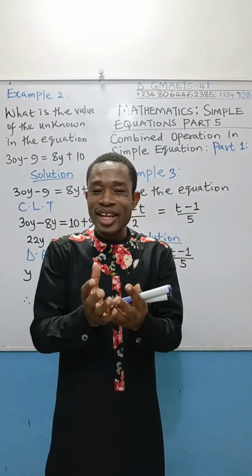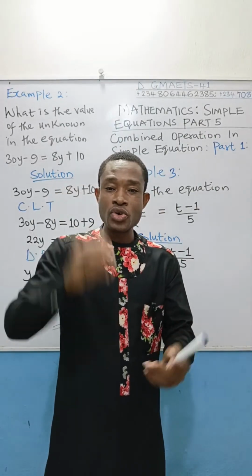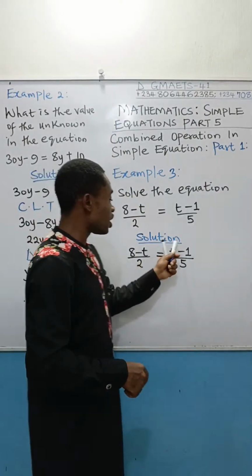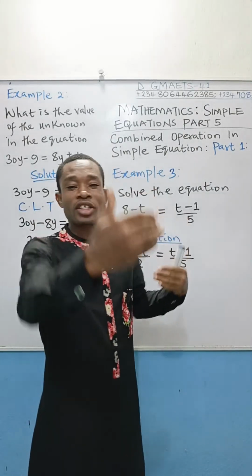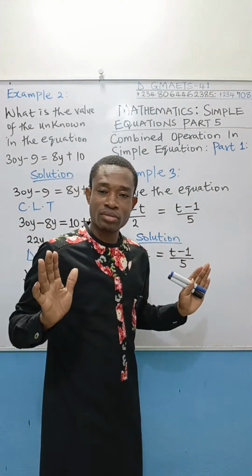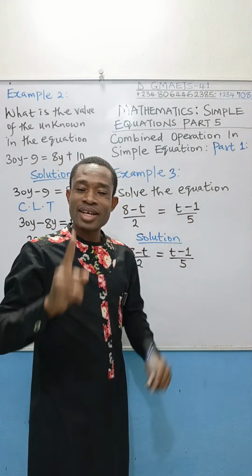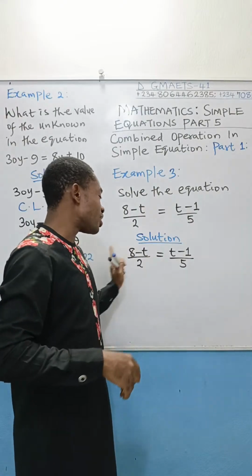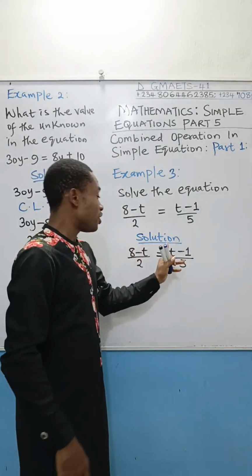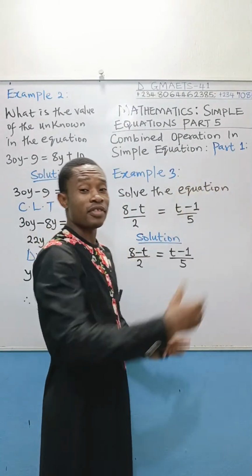And the fractions that contain the unknown are single fractions on both sides of the equation, and that is the only term you have on each side.